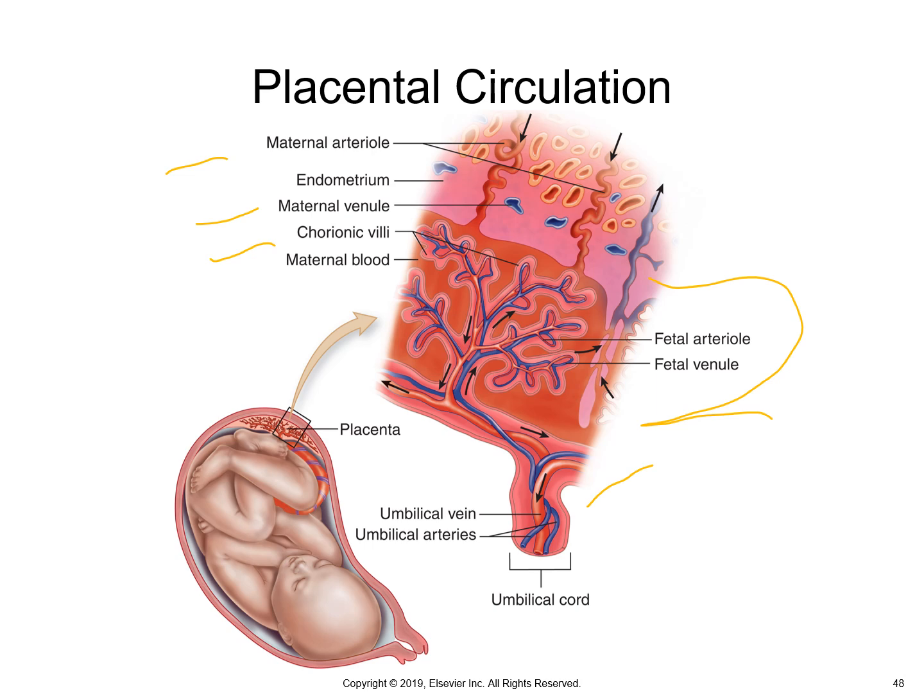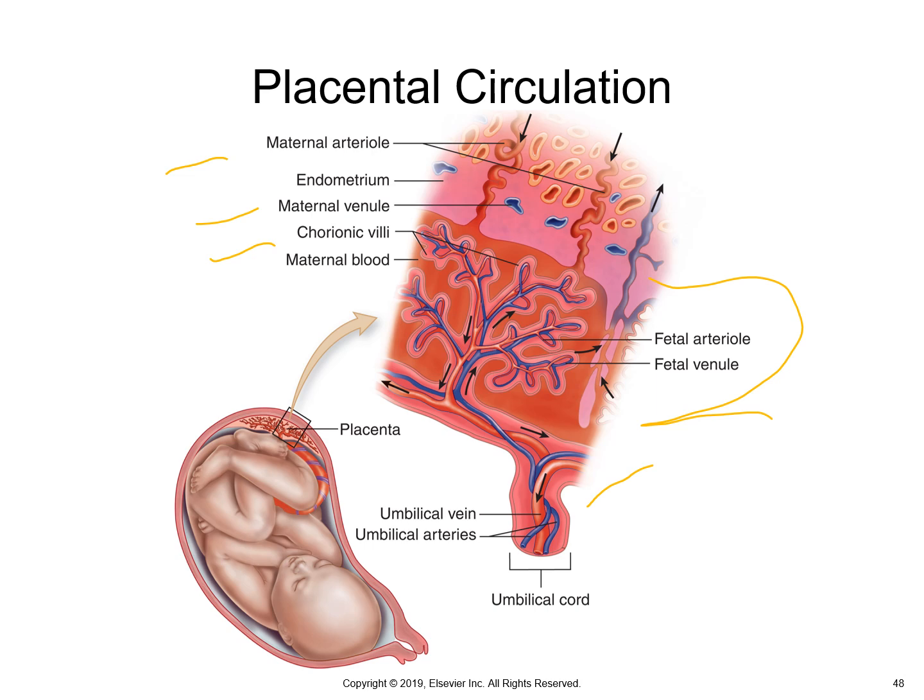The way that this exchange occurs is through diffusion and also active transport mechanisms that allow these substances to pass between the fetal and the maternal blood. Oxygen and nutrients like glucose, amino acids, vitamins, and fats are going to diffuse from the maternal blood into the fetal circulation.